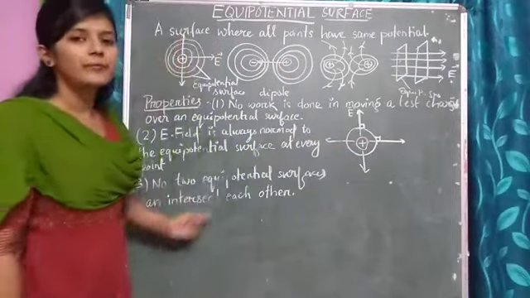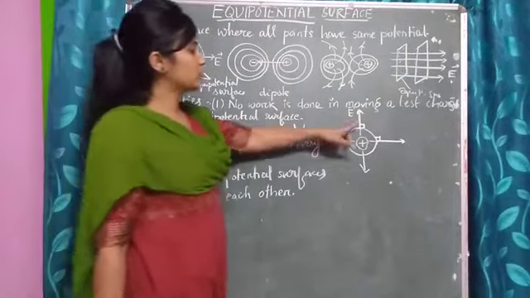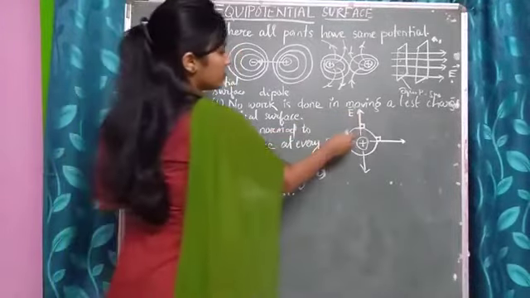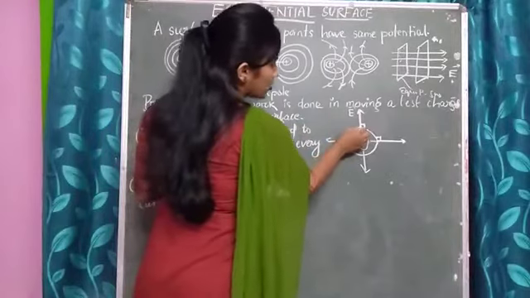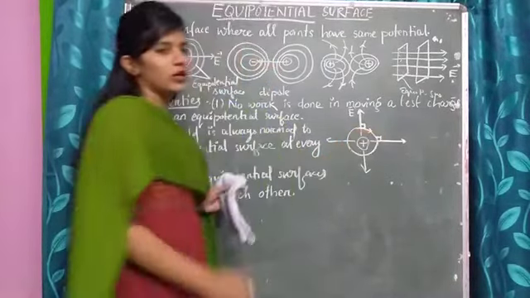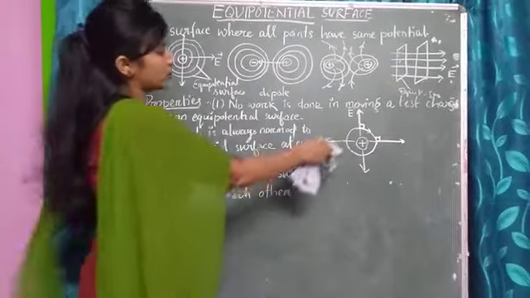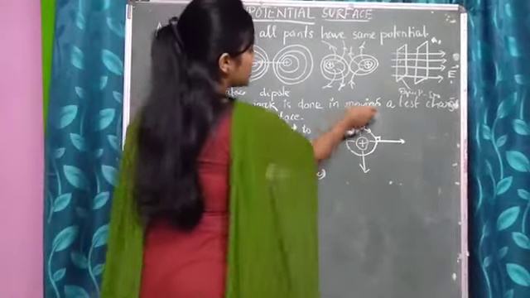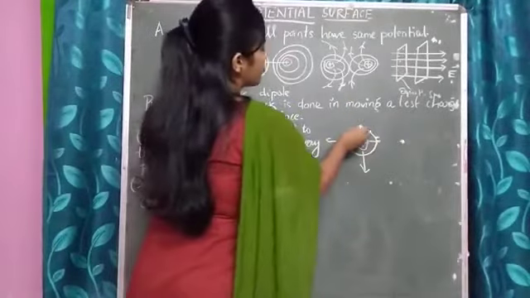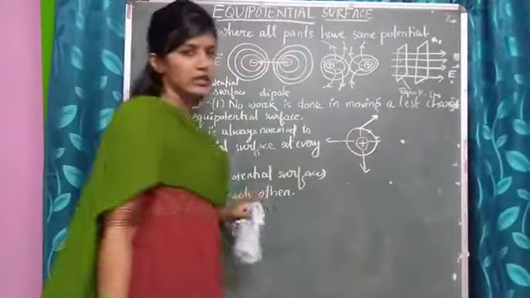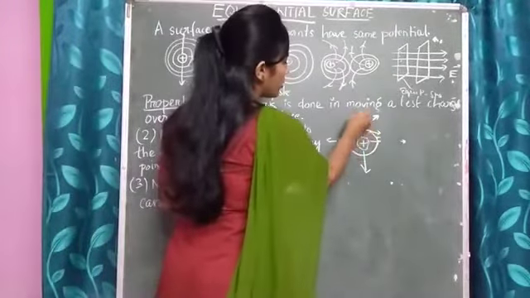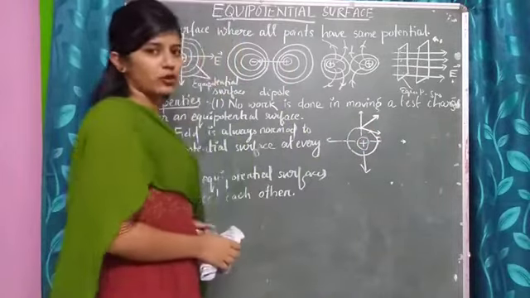How to prove it? Suppose it is not normal to the equipotential surface; then it will have a non-zero component along the surface. Suppose the electric field is not normal and makes some different angle with the surface. Then there will be a tangential component as well as a normal component.